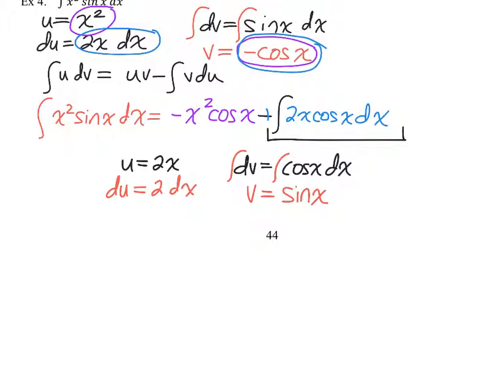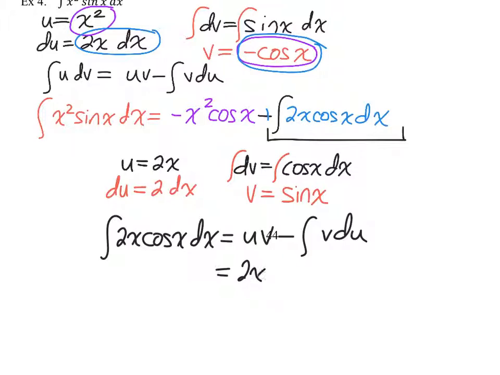All right, so what I'm looking for here is the integral of 2x cosine x dx, which is equal to uv minus the integral of v du.